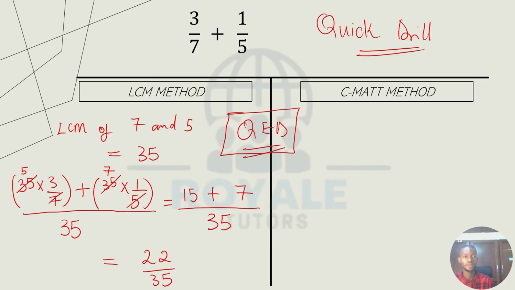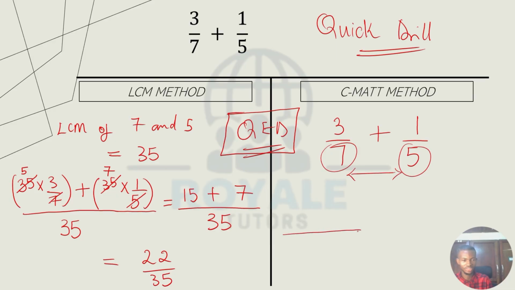Now let's use our CMAT method and see if our answer is correct. So CMAT says that 3 over 7 plus 1 over 5. Denominator to denominator, that will give us our new denominator, 7 times 5, which is 35.